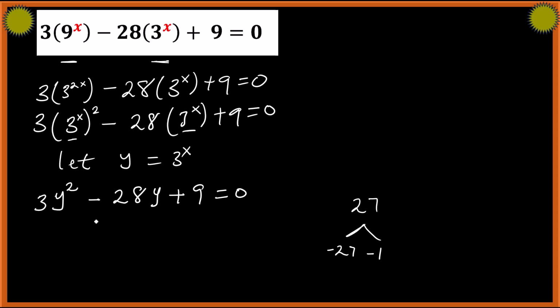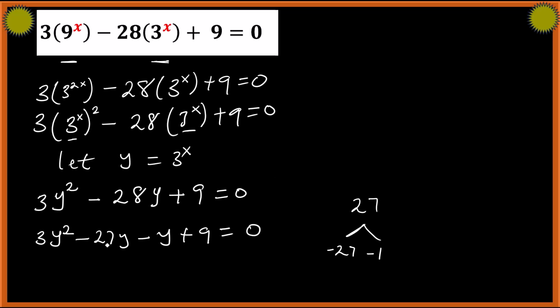Okay, so let's go. We have 3y squared, minus 27y, I've taken this, and this one will be minus 1y. So that will be minus y. It means minus 27 minus 1 is minus 28, plus 9 equals 0.